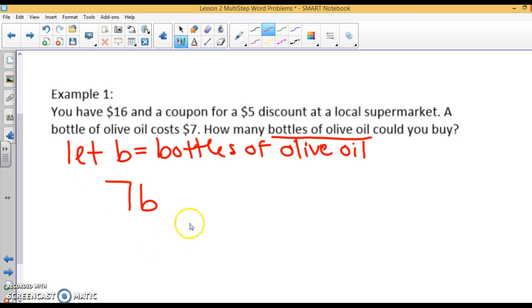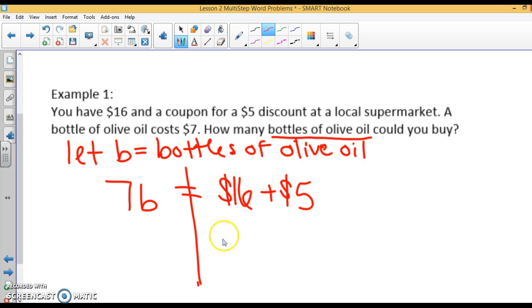And then it says that we have $16 and a $5 coupon. Can we just add that together? So that's going to be our total amount of money that we have. But since we're trying to figure out how many bottles we can buy that are each $7, we're going to set them equal to each other.